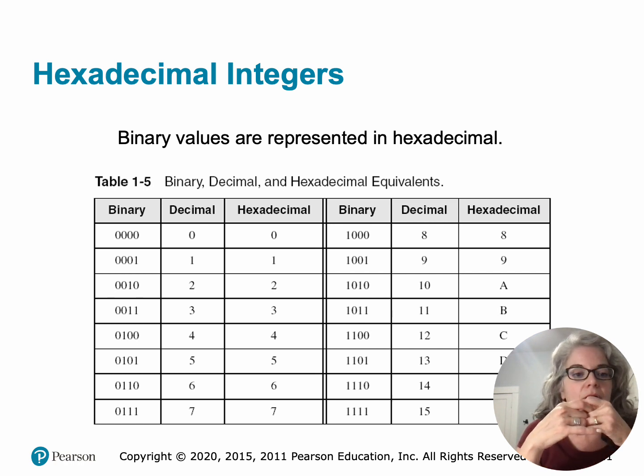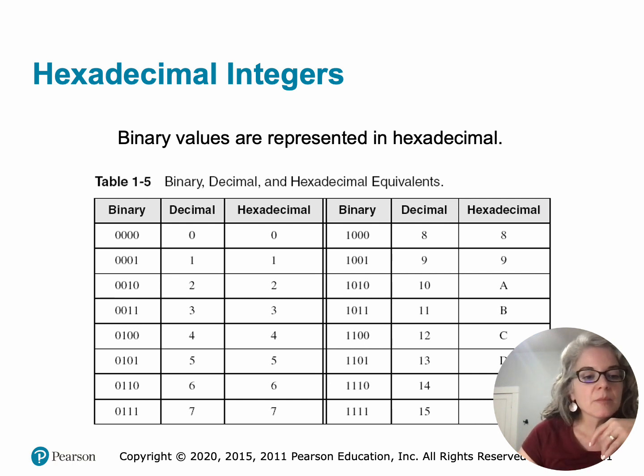And then we're also going to look at how binary values are represented in hexadecimal and also in decimal format. So in this little chart here, we have binary numbers, how they're represented as a decimal number, and then what the hexadecimal number for that is. With hexadecimal numbers, notice that 0 through 9 are just like the decimal numbers. So decimal 0 is hexadecimal 0. Decimal 1 is hexadecimal 1, all the way to 9.